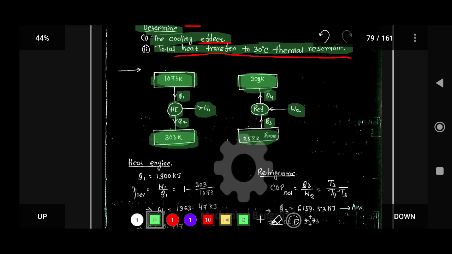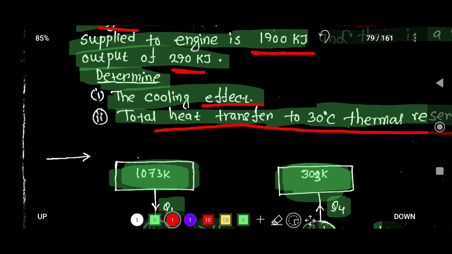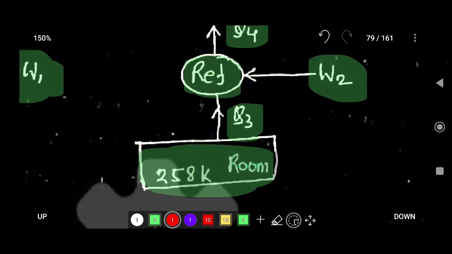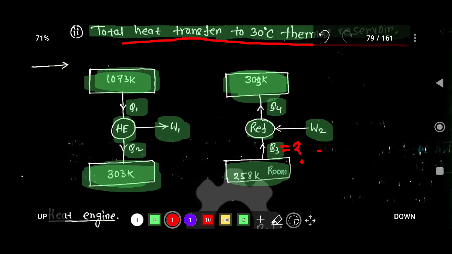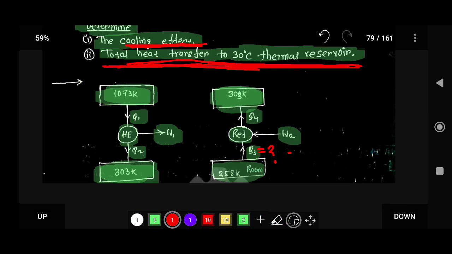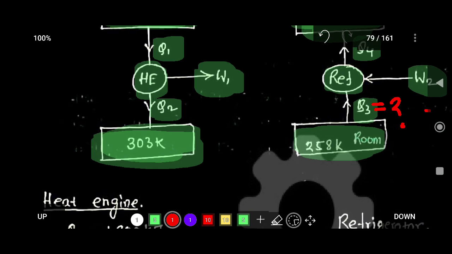So you have to find out the cooling effect, that is Q3. You have to find out the value of Q3 and the total heat transfer to the 30 degrees Celsius thermal reservoir. Here is the 30 degrees Celsius temperature, that is 303 Kelvin.